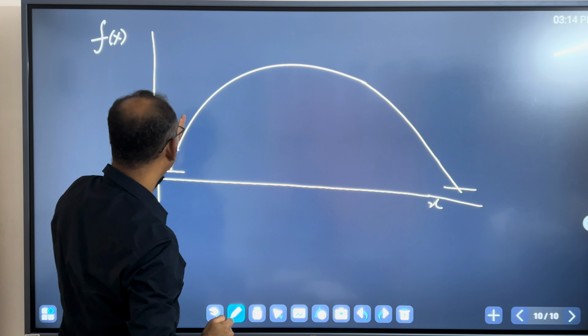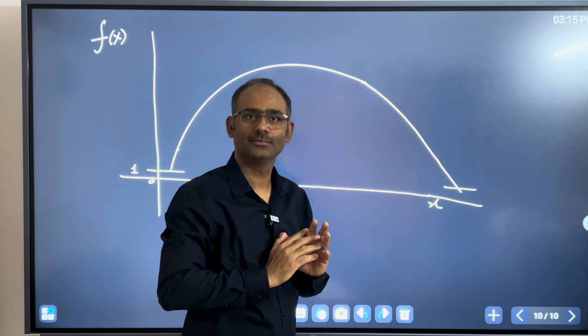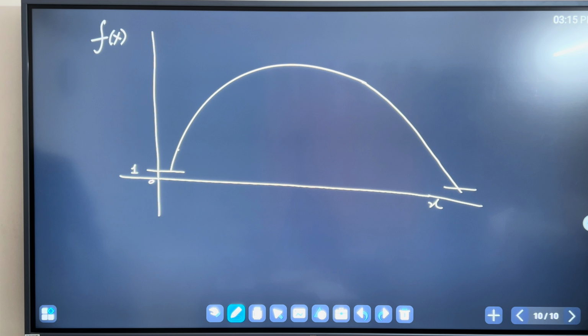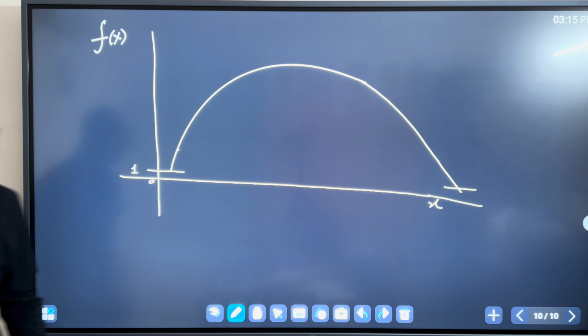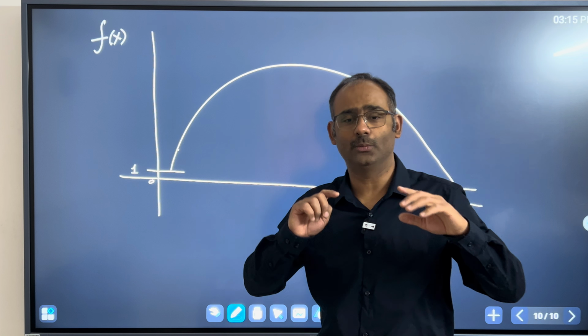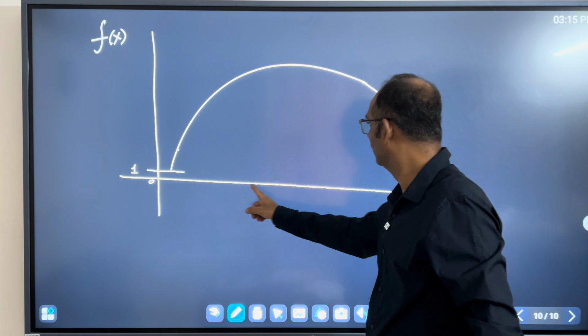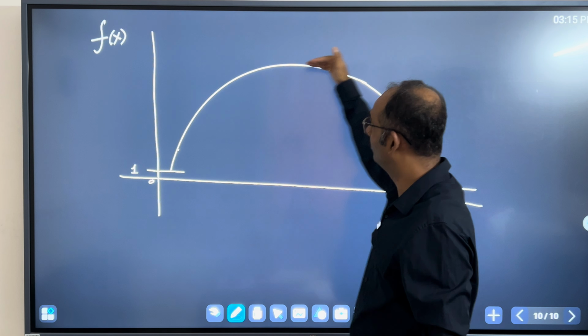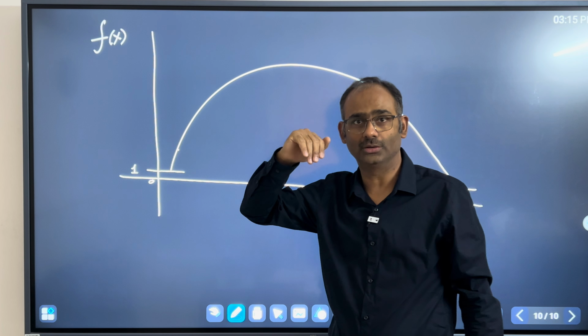Now you see that if the value of the function here and here are equal, then the curve is such that at some value of x, the curve is going to be flat or will have a slope 0.